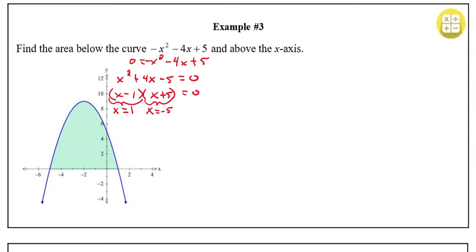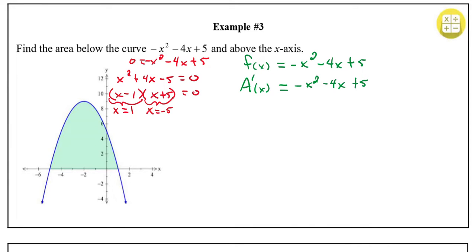Okay, so then from there, I'm just going to make the statement that f of x is equal to negative x squared minus 4x plus 5. So then, if that's the case, we know it must be true that the derivative of the area function is equal to the same thing, negative x squared minus 4x plus 5.